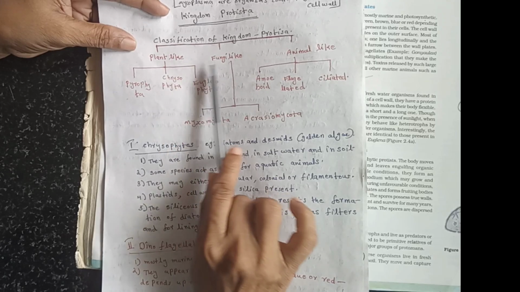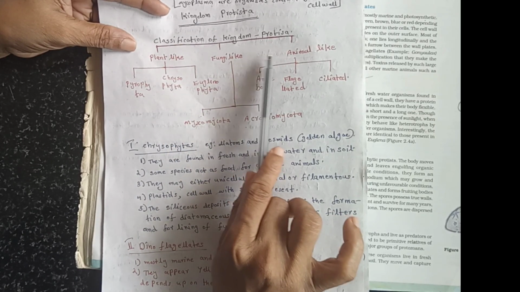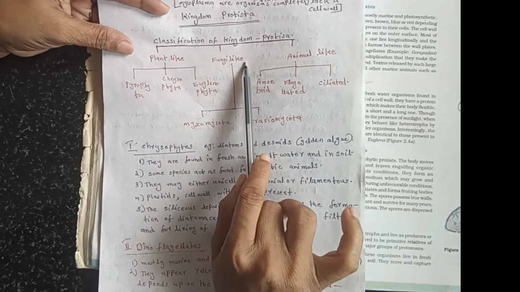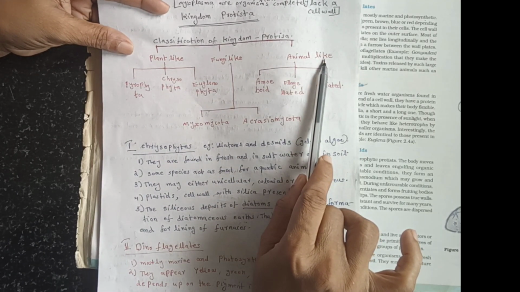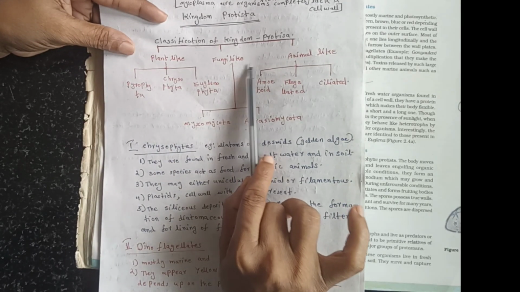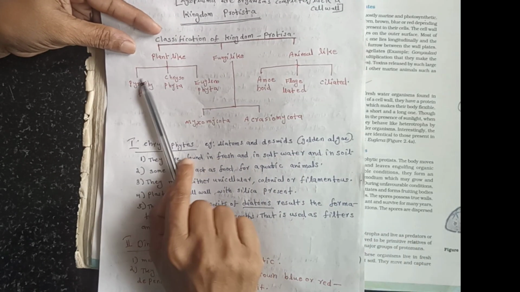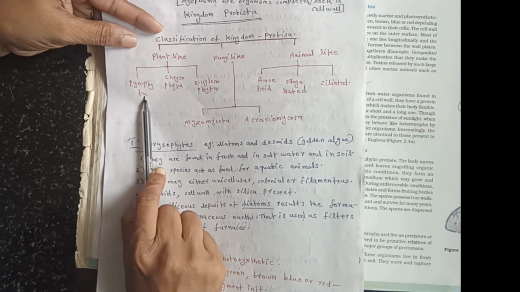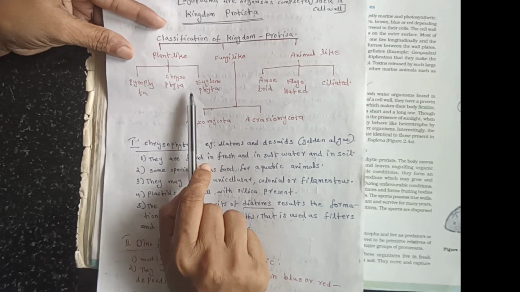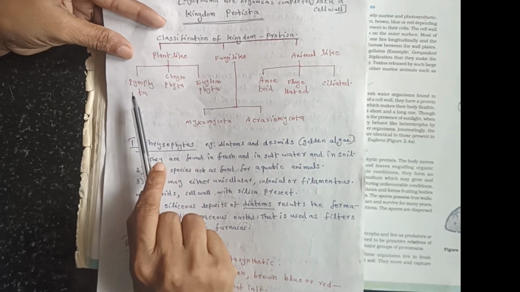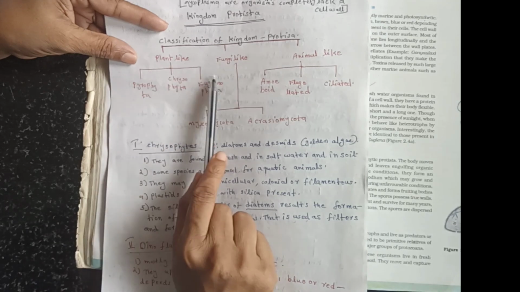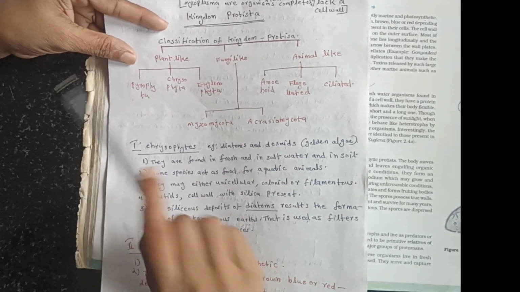There are different types of members in kingdom Protista: plant-like, fungi-like and animal-like protistans. In plant-like, Pyrophyta, Chrysophyta and Euglenophyta are included.